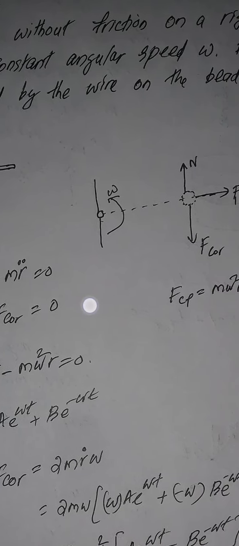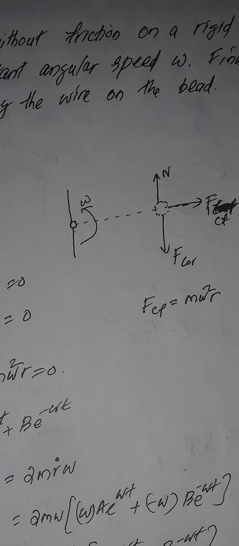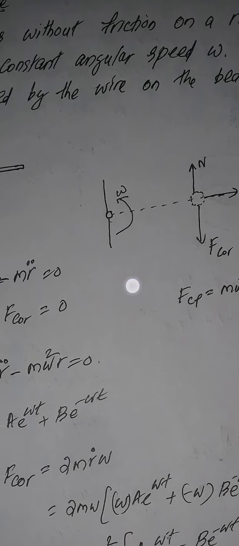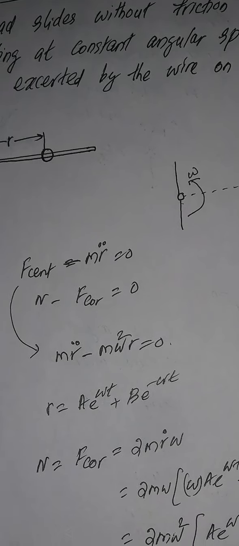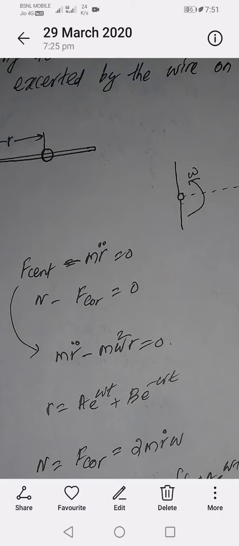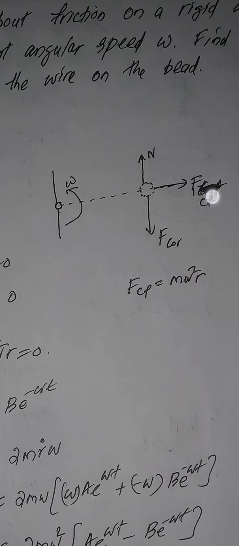So there are two equations. F centrifugal minus m r double dot is equal to 0, and n minus F Coriolis is equal to 0. These are the two equations. Here positive is this direction, and these two are negative.